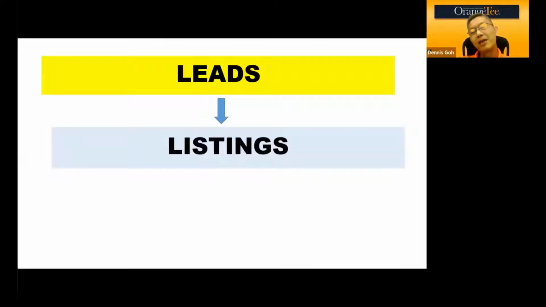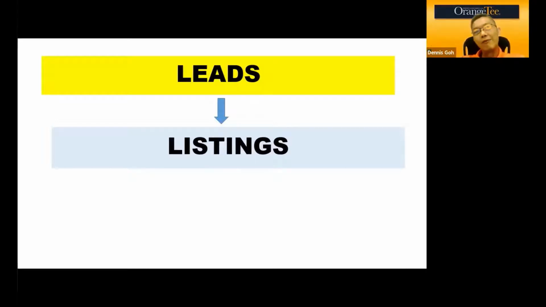And from the listings, there are many kinds of listings, right? A listing can be a buyer, a tenant, a landlord, or a seller listing. Depending on what kind of listings we have, we start to do the marketing or the search.